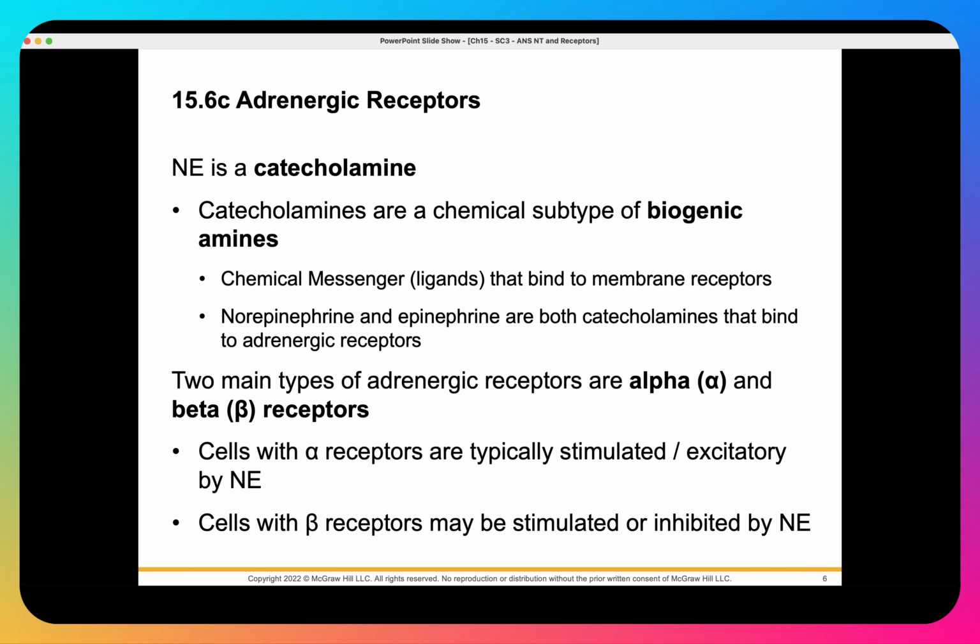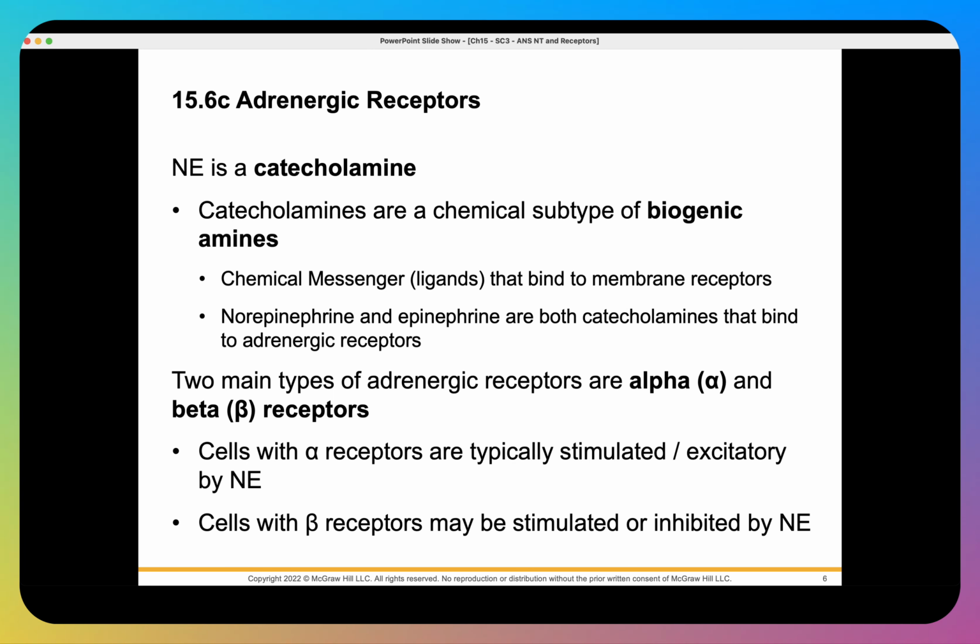Now, norepinephrine falls under the category of a catecholamine. Norepinephrine and epinephrine, another catecholamine, both bind to adrenergic receptors. Norepinephrine and epinephrine are the neurotransmitter and hormone primarily associated with the sympathetic nervous system.